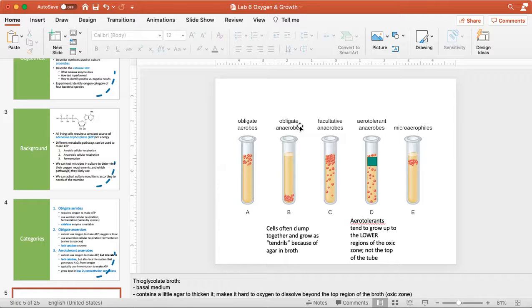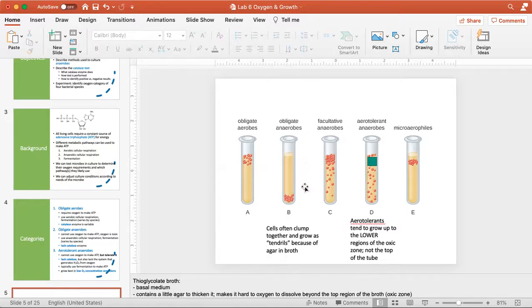Now, because the tube is open, oxygen is going to interact with this broth, this culture medium. And you're going to have an area up at the top of this tube that has lots of oxygen in it because oxygen will dissolve right into the culture medium.